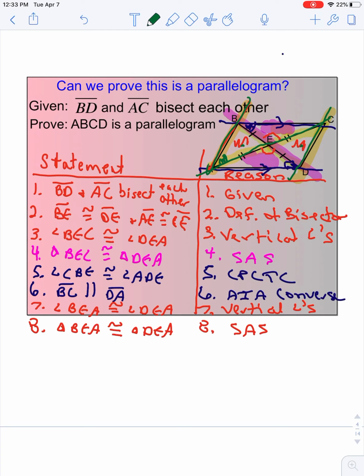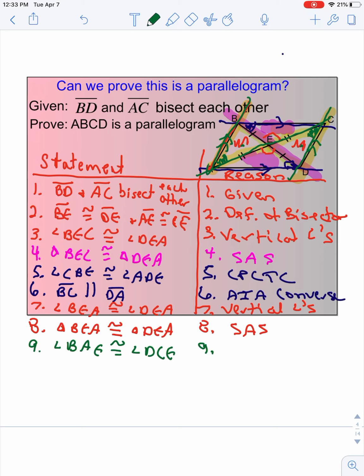So now if I mark this angle and this angle, I also have the converse of the alternate interior angles, which shows that these two sides are also parallel, which means it's a parallelogram. So all I have left to do, having proved the triangles are congruent, is state the two alternate interior angles that are congruent. So angle BAE is congruent to angle DCE.